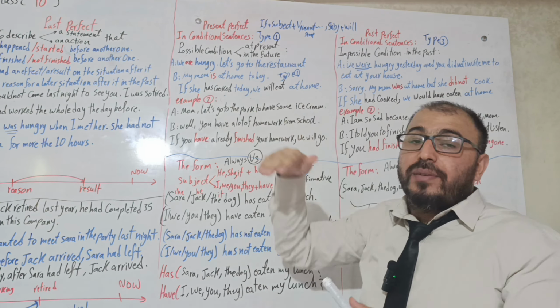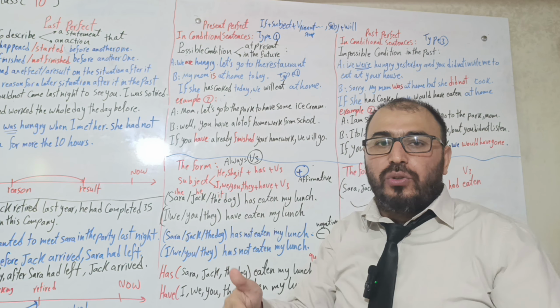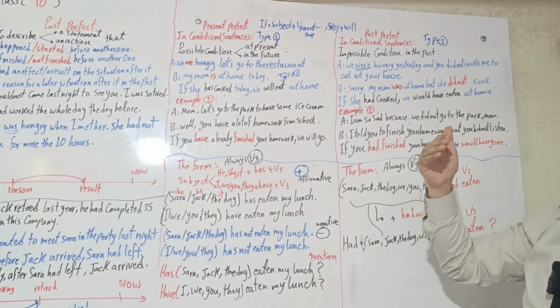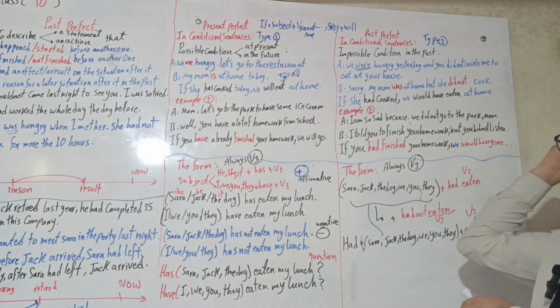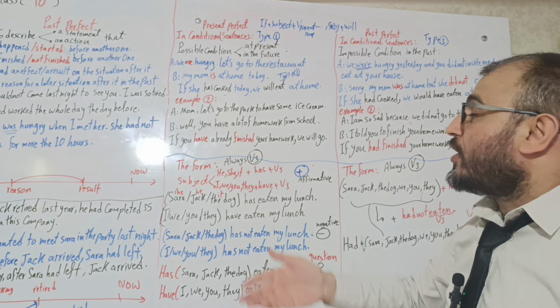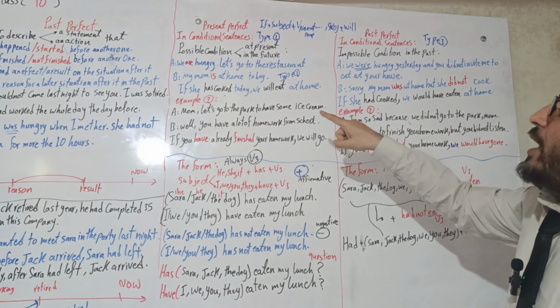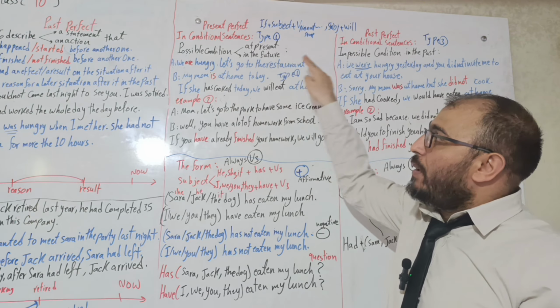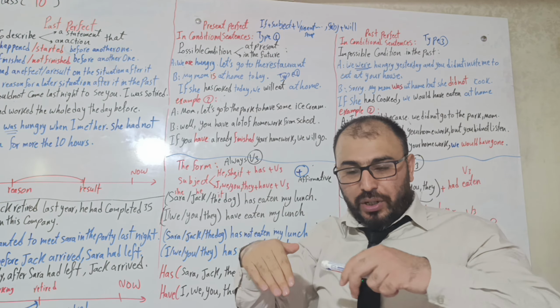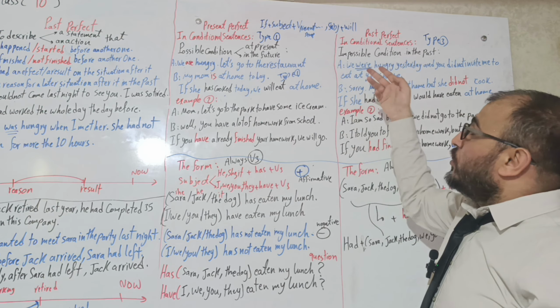Here it is possible because there is a kind of hope the situation could be changed. But here, as long as the action happened in the past and finished in the past, it is impossible for this action to be changed now. Then I am talking to my friend, the same friend. Here we are in the car now, and he talks to me.